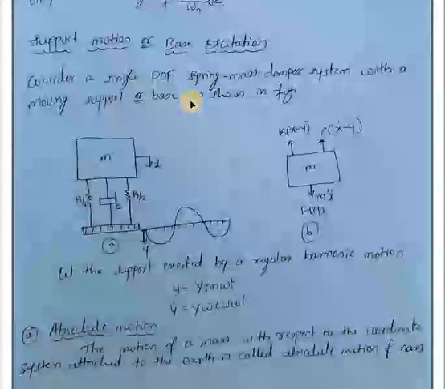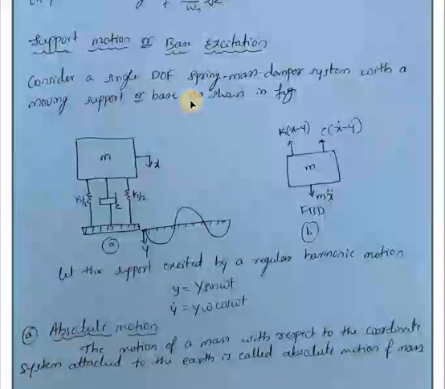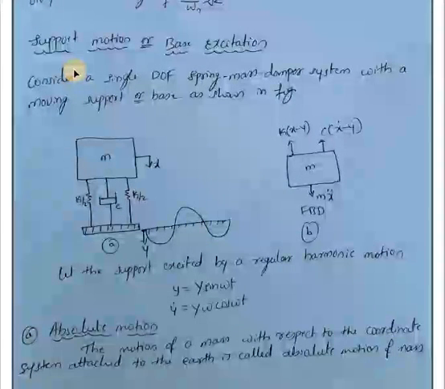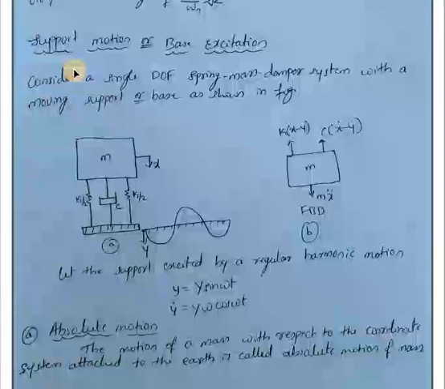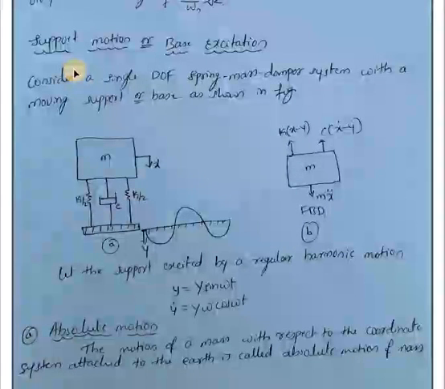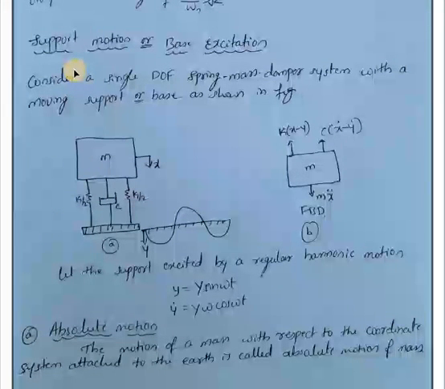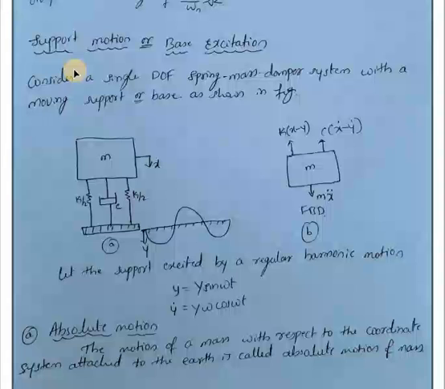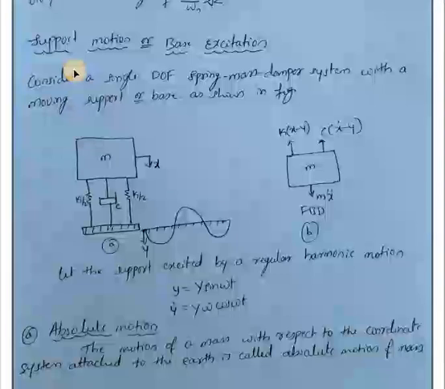Now moving further, the support motion or base excitation. Most mechanical systems are mounted on a moving support or base. If you take the case of locomotives or vehicles, the wheels act as a support or base for the system. Therefore, the motion of the support or base causes forces to be transmitted to the mounting equipment.